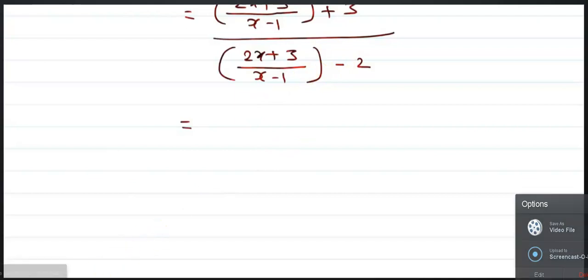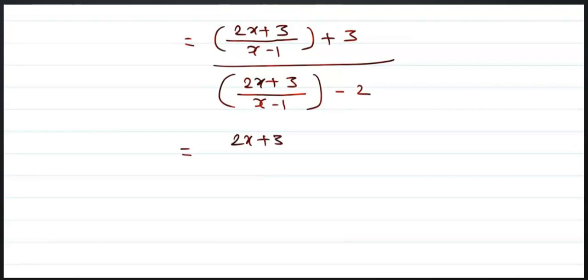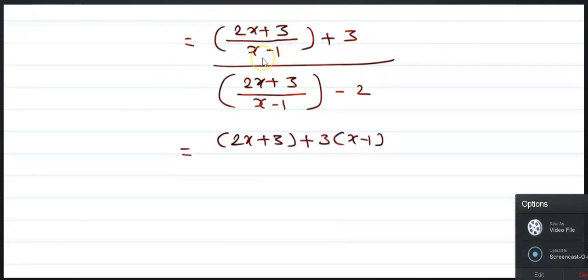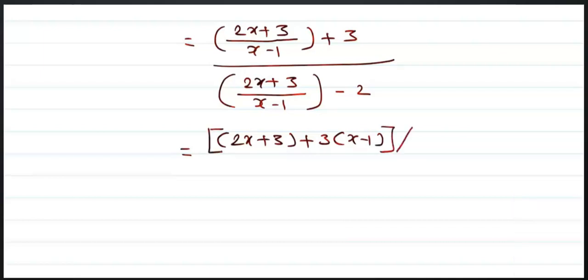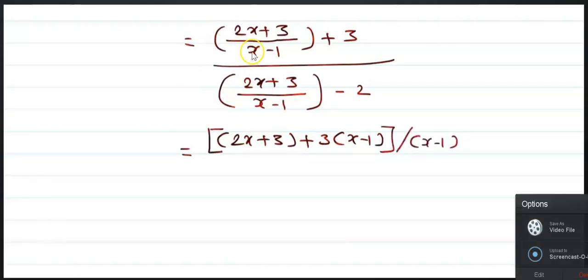And after simplification, in the numerator, x minus 1 is multiplied with the 3, that is 3 in bracket x minus 1, now whole divided by x minus 1.